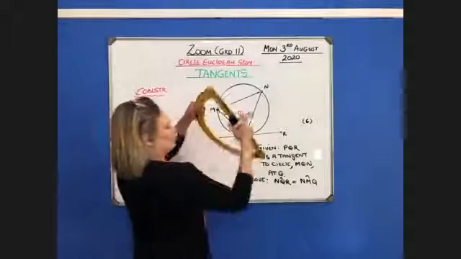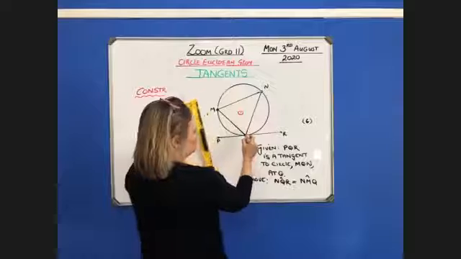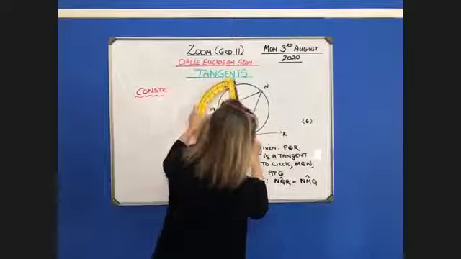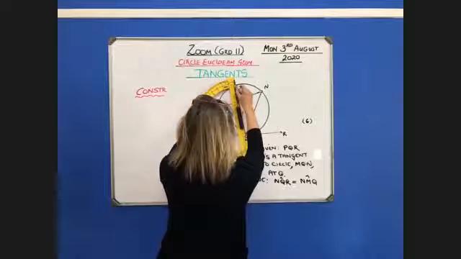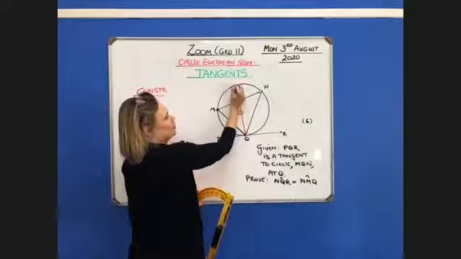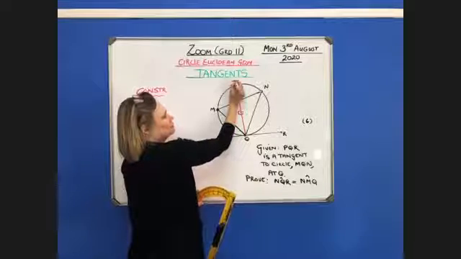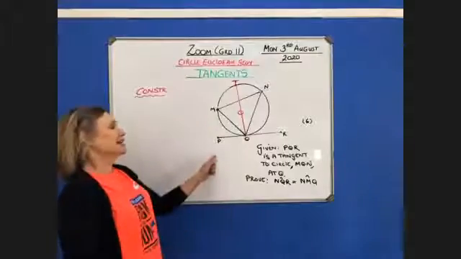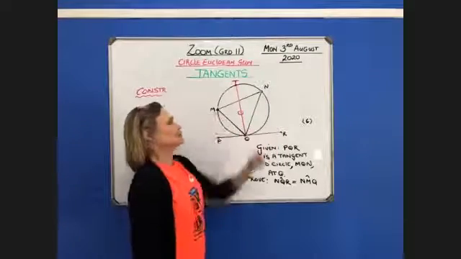You draw a line from the point of touch of your tangent through the center, right the way through to the circumference, and then call that something. Let's call it T. Just don't call it any of those variables.